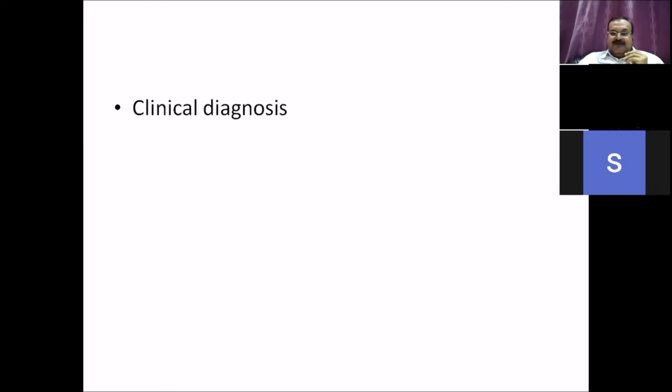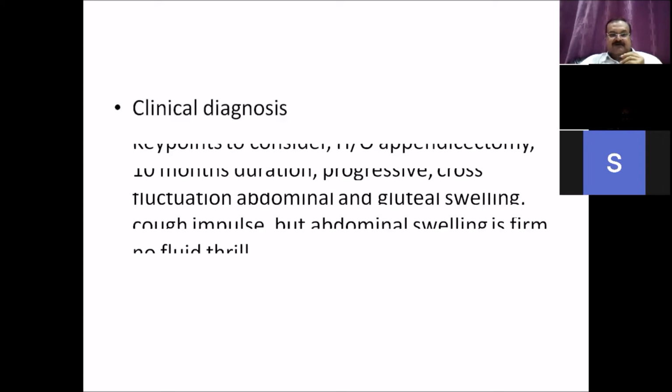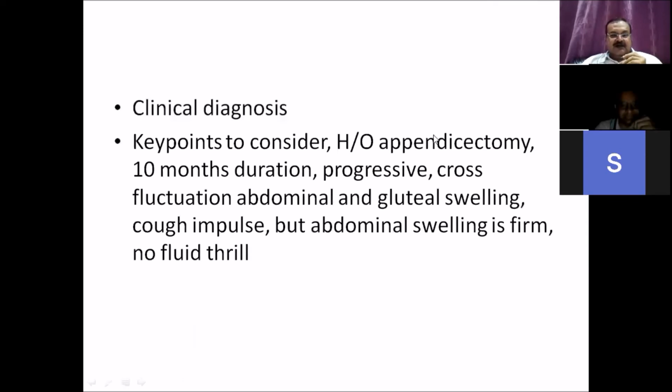So now anybody wants to attempt a clinical diagnosis? Abdominal swelling with the gluteal swelling, gluteal perineal swelling, and cross-fluctuant cough impulse present. Retroperitoneal sarcoma, yes. Pseudomyxoma with herniation, yes.